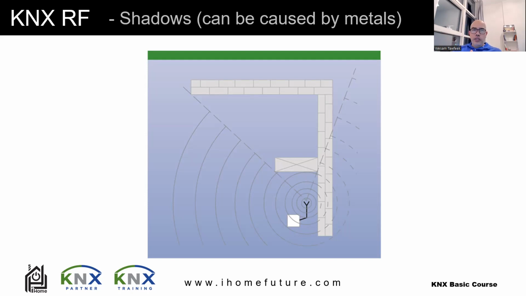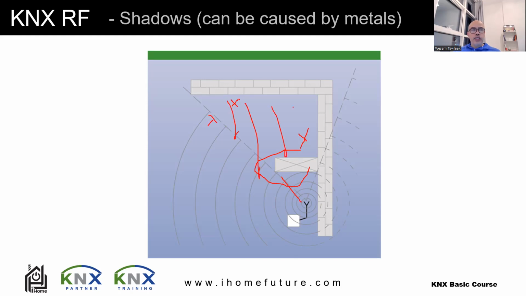As in Z-Wave, for example, don't put the flush mount devices in a metal box. Try to get a plastic box if you can, because the signal will be dead there. As you can see here, it was distracted by this. It did not pass, so here I have a dead area. I need to plan to put another device, a repeater or something, to take the signal from here to cover this area again.